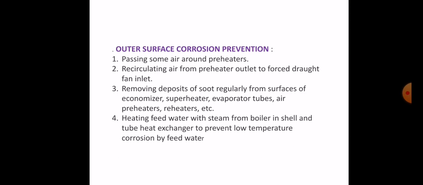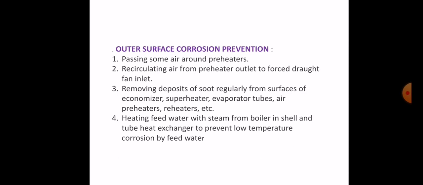At the time, the forced draft fan we are using, removing deposits of soot regularly from the surface of the economizer, superheater, evaporator tubes, air preheater, reheater, etc. Right? So we all know there are a number of components we use in a boiler: economizer, superheater, evaporator tube, preheater, right?